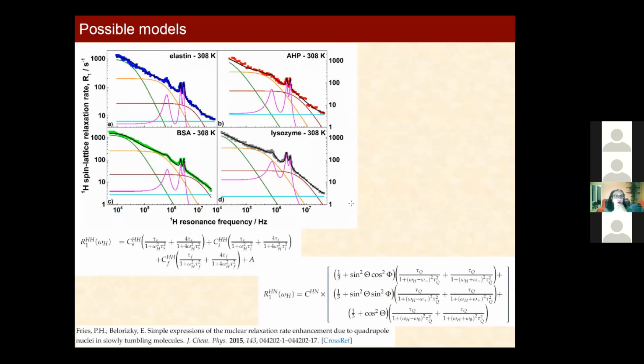For sure, almost all of you, I suppose, know that in the case of solid proteins or weakly hydrated proteins, one looks at slopes, so-called relaxation slopes. So there is a logarithmic scale here, like in this figure, on the frequency axis, and those data are supposed to show a slope.